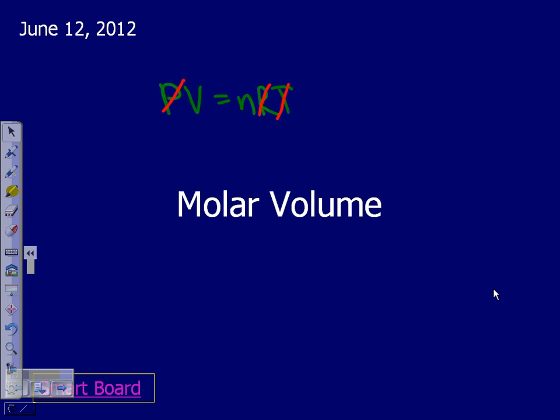And because we've been using these particular temperatures and pressures that we call standard temperature and standard pressure, we can actually do a shortcut so that we don't have to use the entire equation PV equals nRT. So, molar volume, what is it? Let's define it.